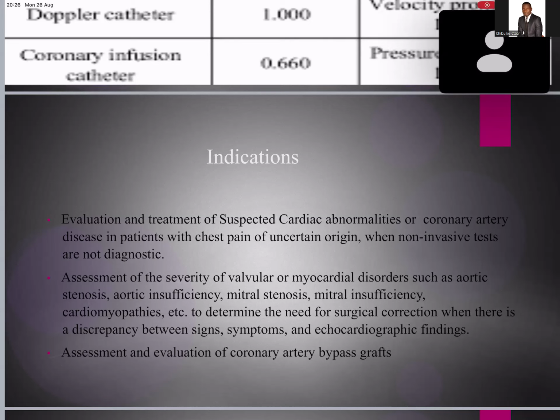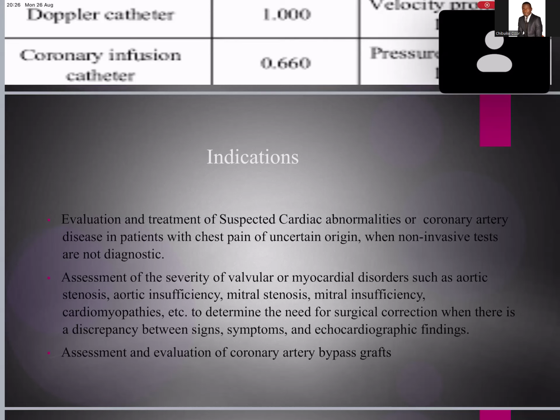We did a CTPA, it was normal. And then I think D-dimer too was normal. I can't really remember that. Of course, in this condition, the next thing that this patient would have benefited from is a cardiac catheterization. However, I think it's only in Lagos they do that, I'm not sure.